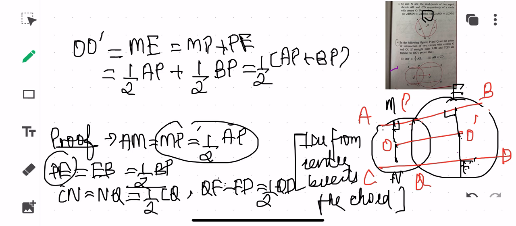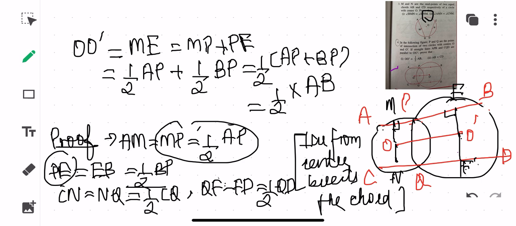Now AP plus PB is equal to what, children? Is it equal to AB? Yes, it is equal to AB. So we are getting this is equal to half AB. So this is the way you are doing this sum. So this was a pretty easy one.